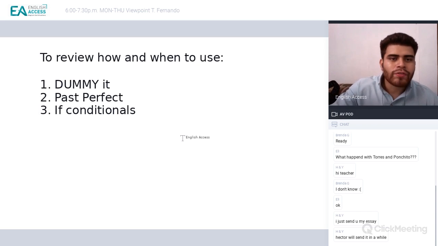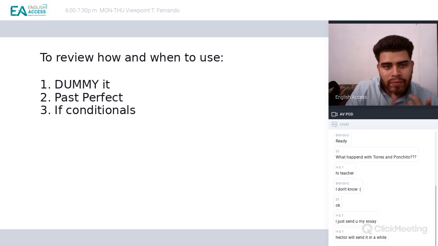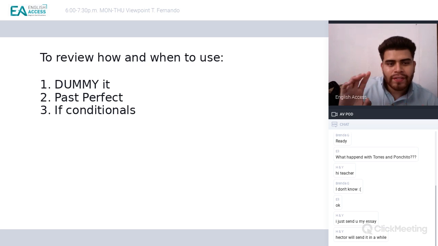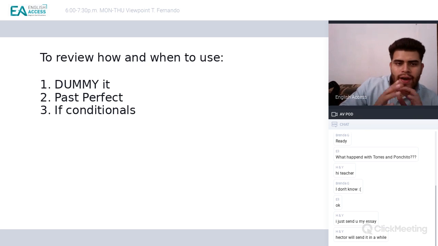All right, so we're going to review how and when to use the dummy it, past perfect, and if conditionals. All right, so let's begin with the dummy it.